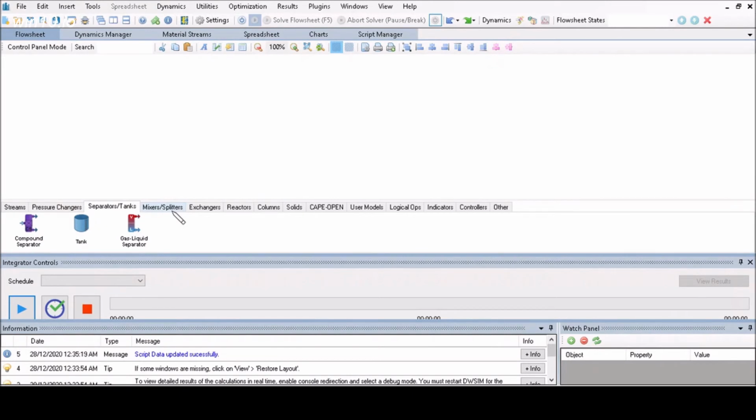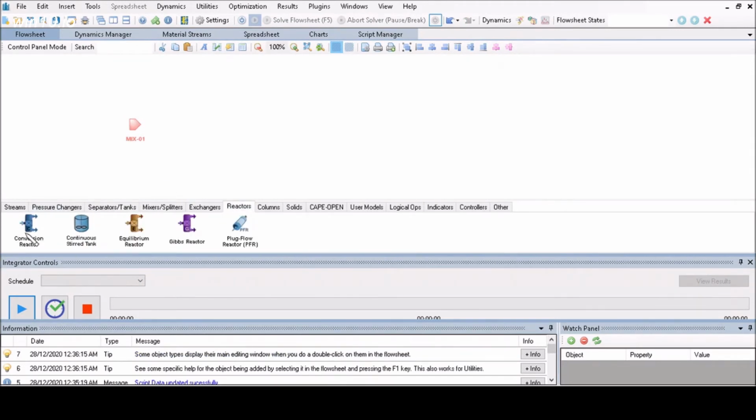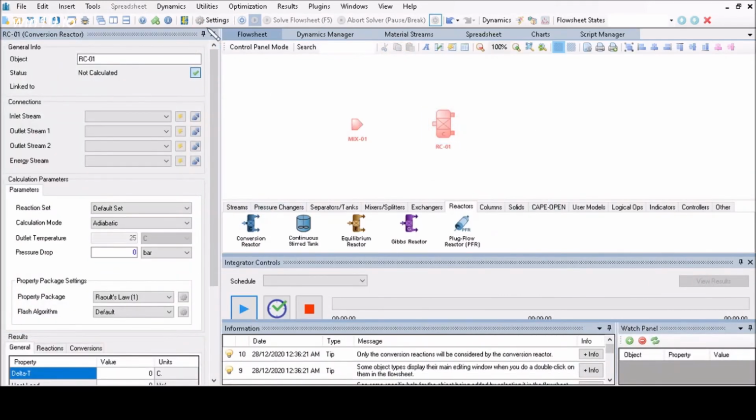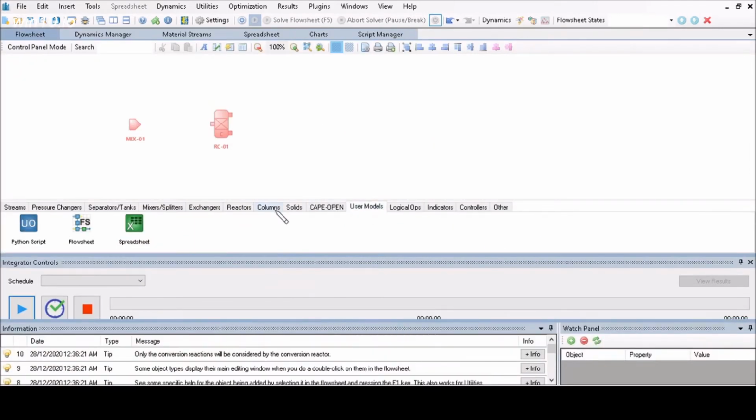To also avoid confusion, it is suggested that you put first the units or the blocks before the streams. So in the diagram and in the problem we have a mixer, we have a reactor, and we have the distillation unit.